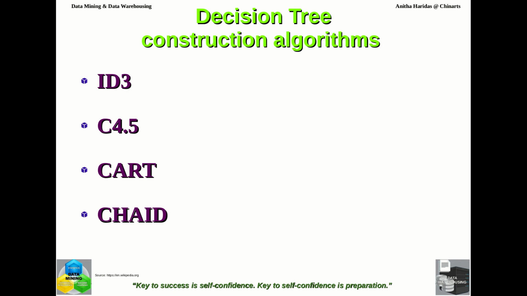We are going to study these four major methods of decision tree construction. If you see these algorithms, some of them can handle only memory resident data, and the other algorithms can handle data which is available in secondary storage devices also.